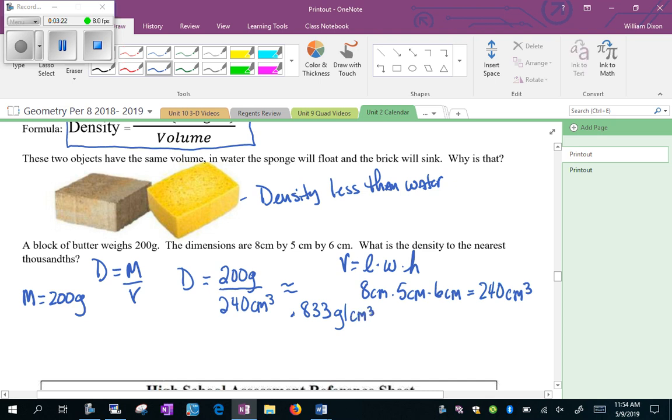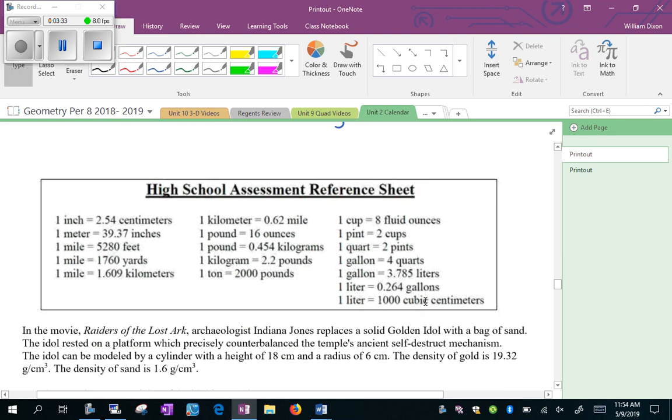Now, we got to be careful with this. The grams per cubic centimeter, that's going to come into play for our next couple of problems. As you scroll down, you look at your reference sheet. All right, we're going to use these different conversions to help with the problems that we need to solve.